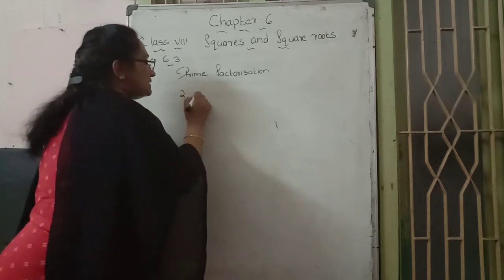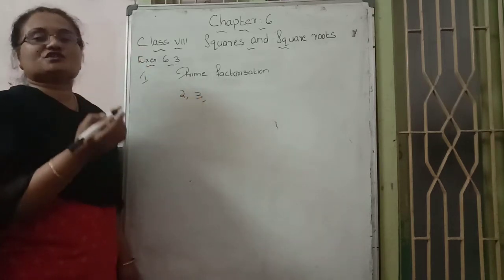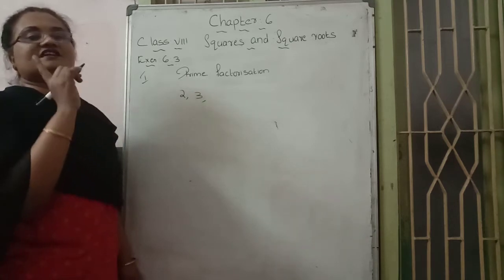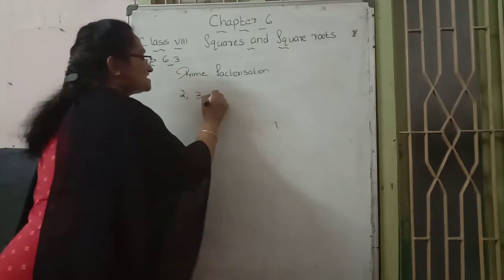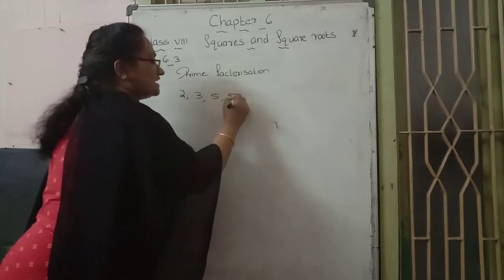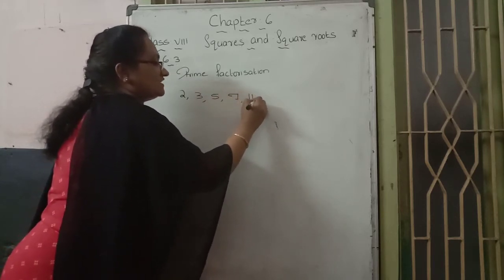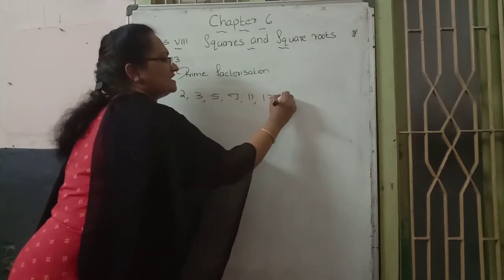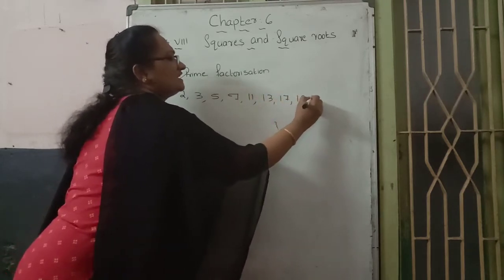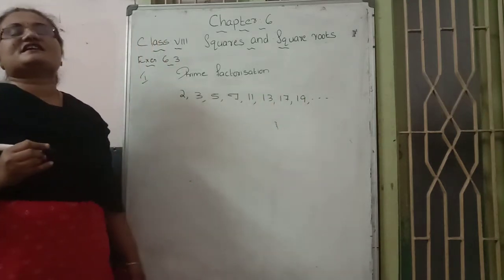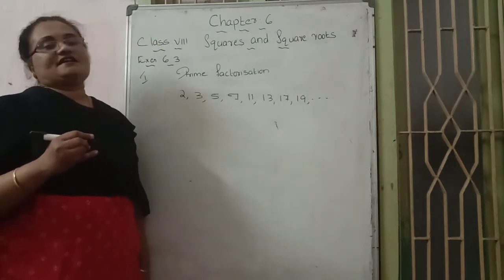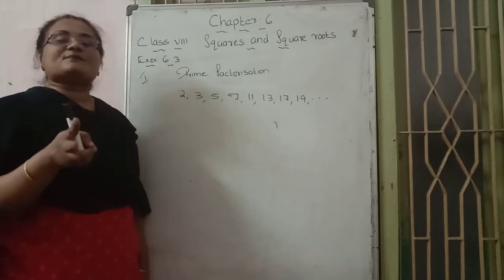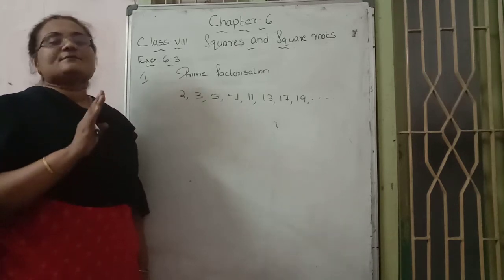Then 3 is a prime number, with two factors, 1 and 3. 5 is a prime number, 7 is a prime number, 11, 13, 17, 19 and so on are prime numbers. The numbers having only two factors, one and the number itself, we call prime numbers.